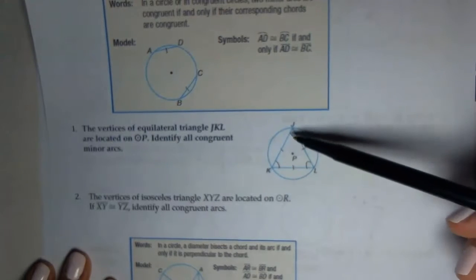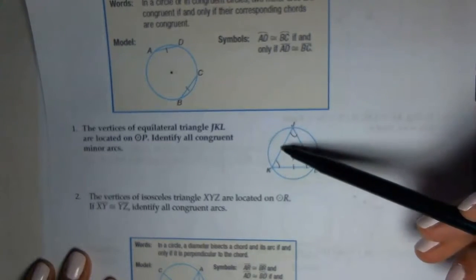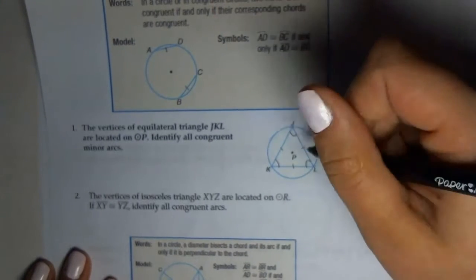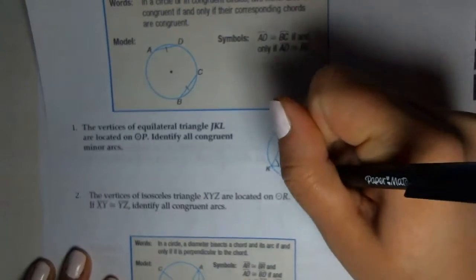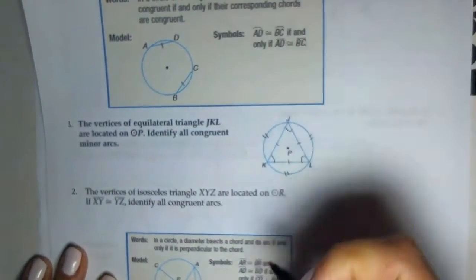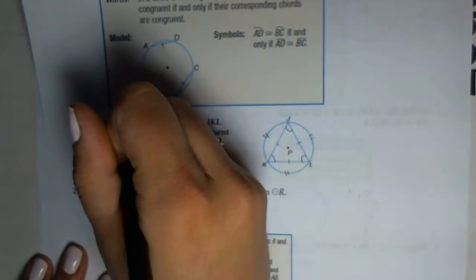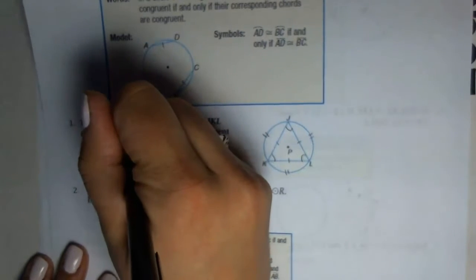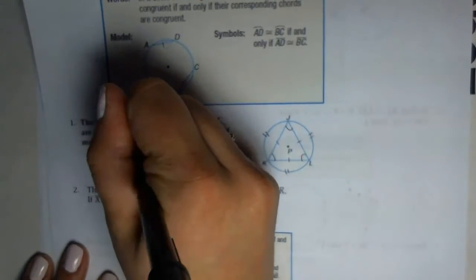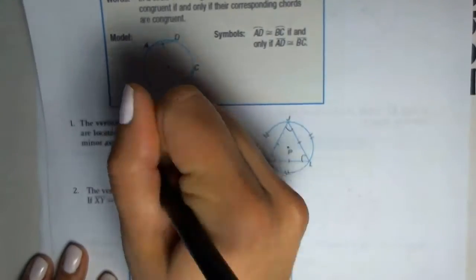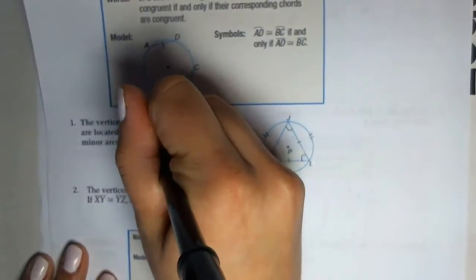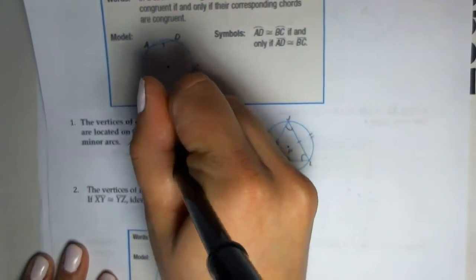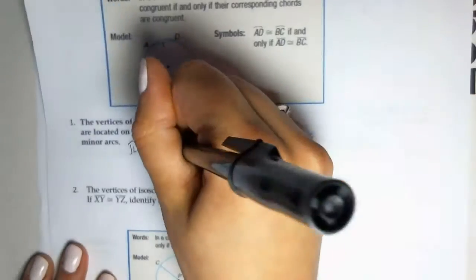So, if we know the sides are congruent, then we know that the arcs that they create are going to be congruent as well. So, we would say the minor arcs that are congruent are going to be arc JL congruent to arc KL congruent to arc KJ. Okay?